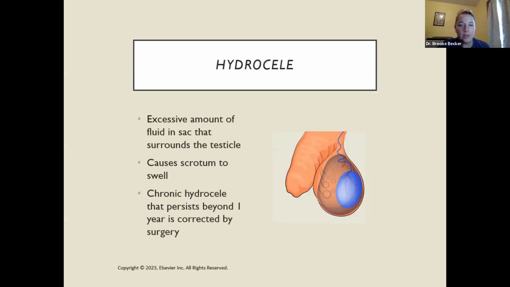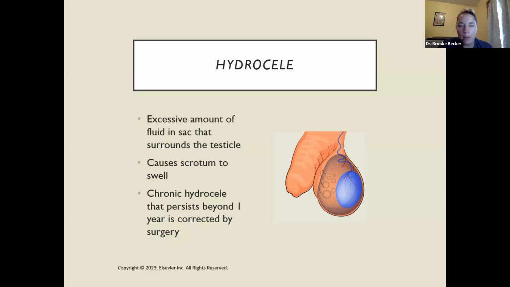Okay, hydrocele. So this is an excessive amount of fluid in the scrotal sac, around the testicle. Okay. So then you're going to see that scrotal sac swell. If kids have continued hydrocele after a year of age, then that is corrected by surgery. This is a fairly common finding on exam.